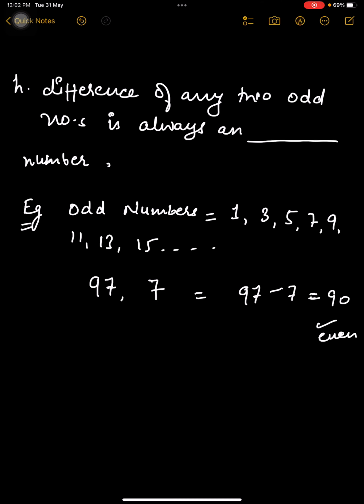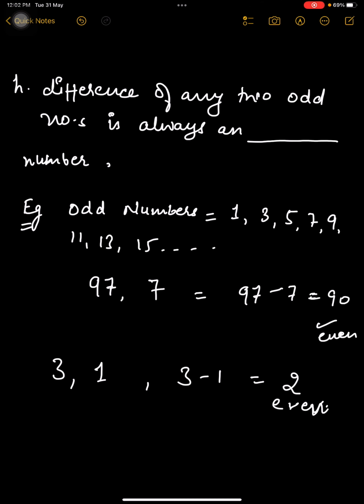Now let us take any other example. I take 3 and 1, two smaller odd numbers. If I take the difference between them, it is 2, which is again even, right? So if we take any two odd numbers and their difference, we will always get an even number.